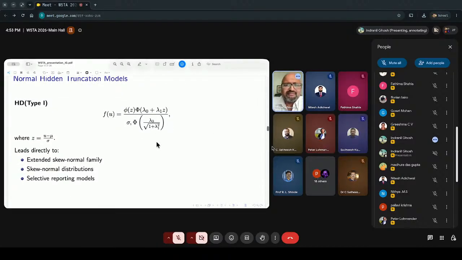Also, the reason being, there are still some issues with the skew normal distribution in terms of efficient estimation of these truncation points. The skewness parameter in Azzalini's classical skew normal distribution is very sensitive to a small number of observations.